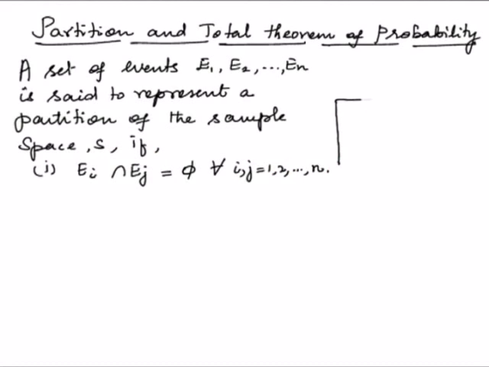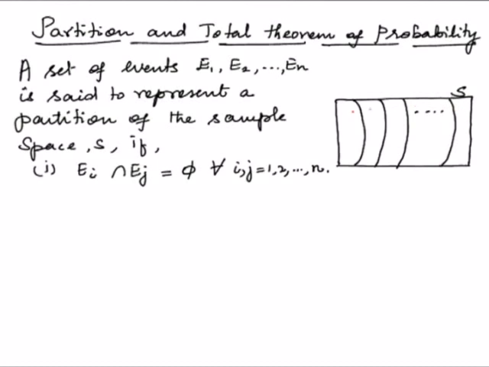So, we have a sample space, and we are dividing this sample space into n different segments, namely n different elements. So, we have each element representing the event. So, E1, E2, E3, etc. till En.